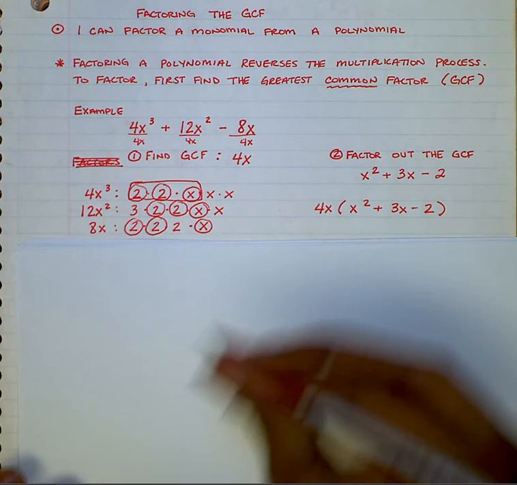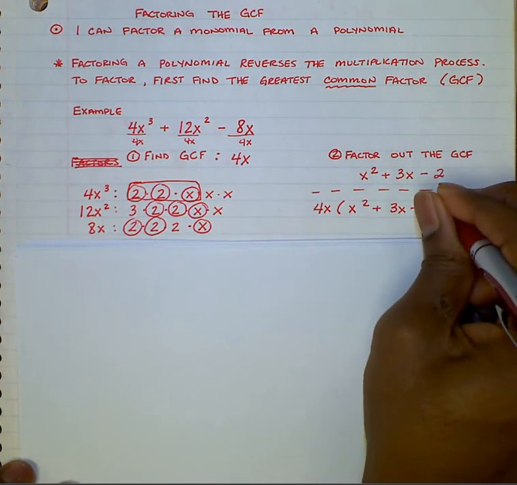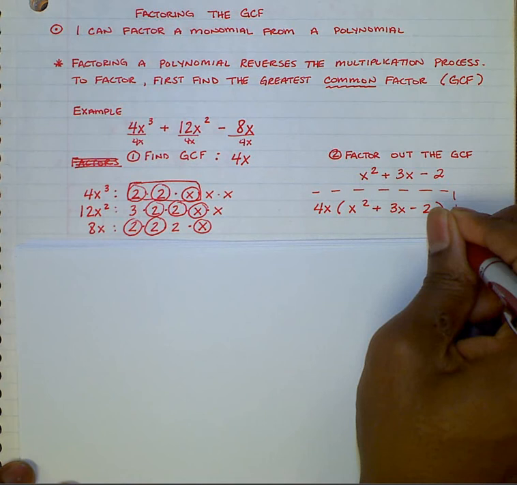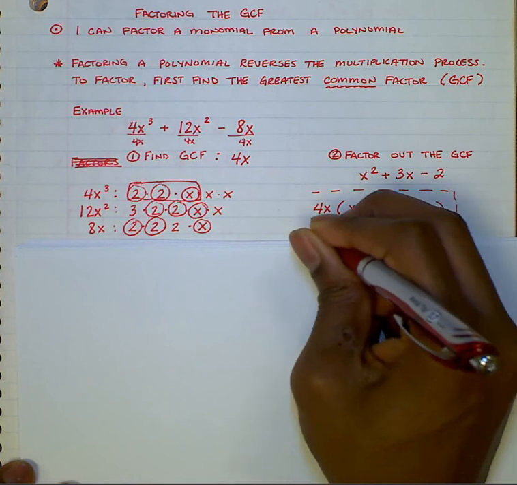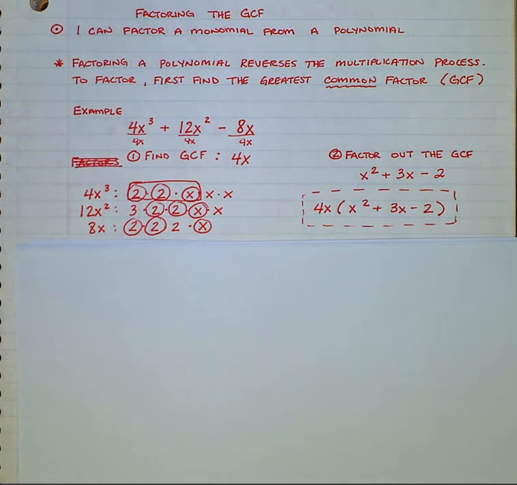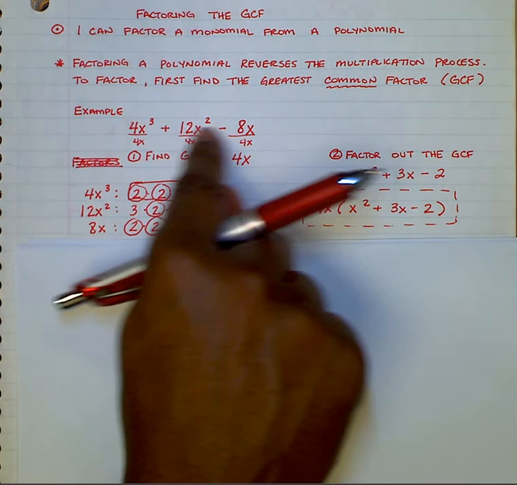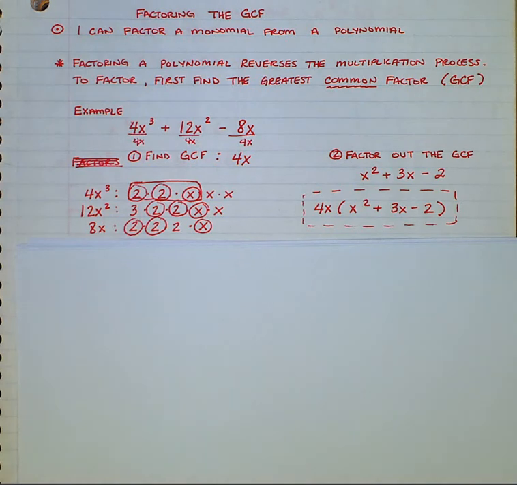Okay, so notice that when we're done, our problem looks like the beginning of a multiplication problem. A good check is if we multiplied it out, we should end up with the same terms that we started with. And that's how we can tell that we did it all the way correctly.